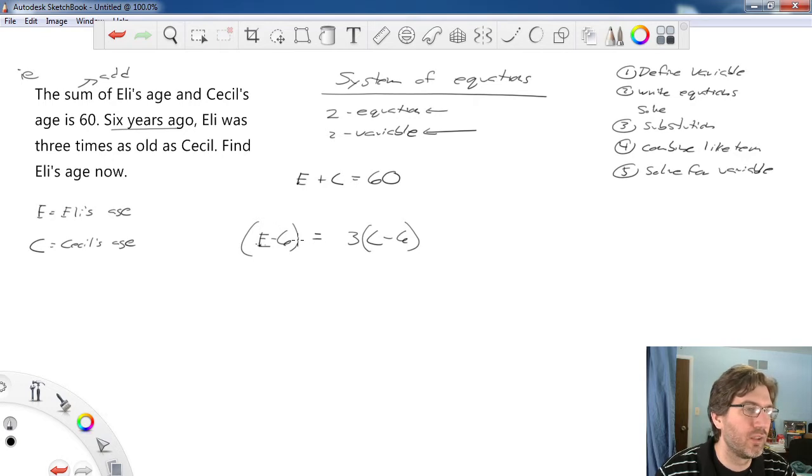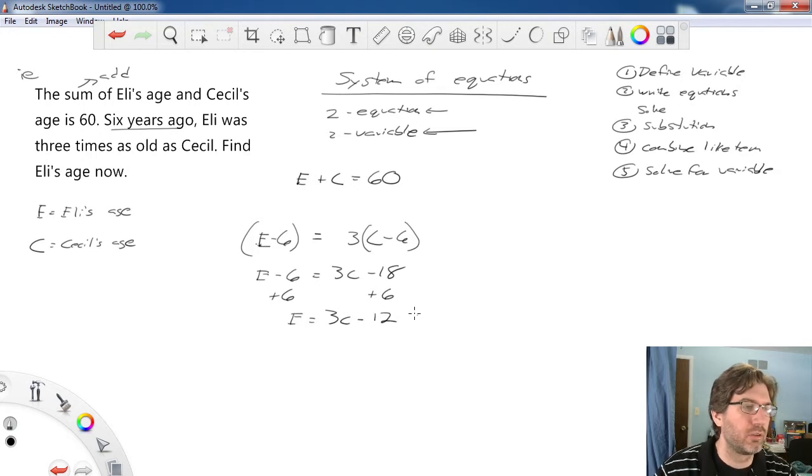In that case, you can distribute that out. It's still going to equal Ellie's age minus 6 equals 3c minus 18. In this case, we can add 6 to both sides. And now we actually get Ellie's age equals 3c, and then negative 18 plus 6, the signs are different, so that gives us a minus.